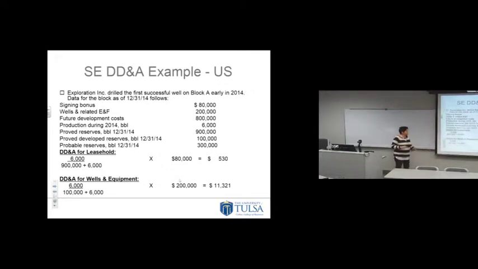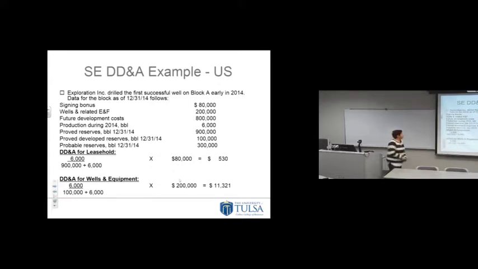Let's talk about that for a minute, actually. If I'm at 12/31/14 and I want to know what my beginning of year reserves were, why don't I just use my 12/31/13 reserve report? Well, there's lots of reasons that's not a good idea.